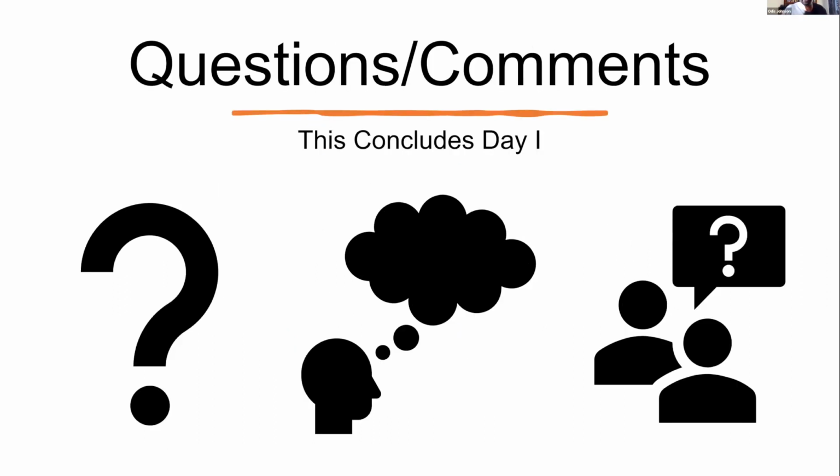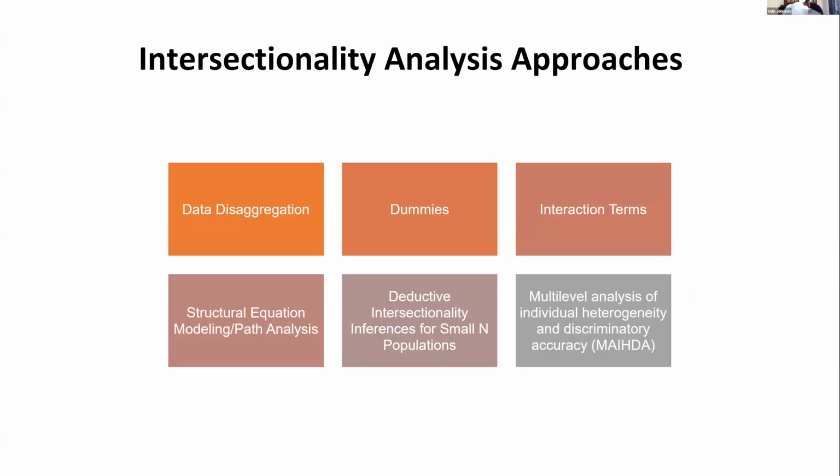So, moving on. Again, I would check in here for questions and comments, but I'm going to move forward. I want to suggest that there are, and I'm sure there are others, but I have framed this, what would otherwise be a 2-day training, I mean, of multiple hours, like 8 hours, in terms of 6 different intersectional or intersectionality analysis approaches.